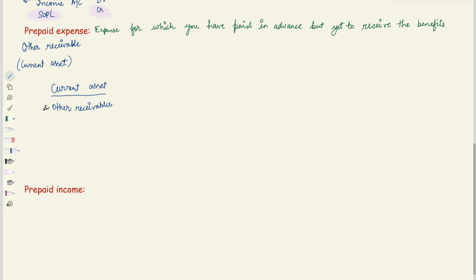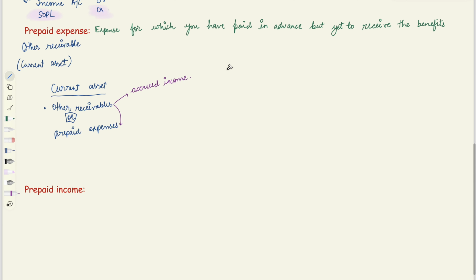Okay, as other receivables or as prepaid expenses. So we have learned so far that other receivables include prepaid expenses and accrued income. We add both of them and include it in other receivables, or we show both of them separately, accrued income first and then prepaid expenses.